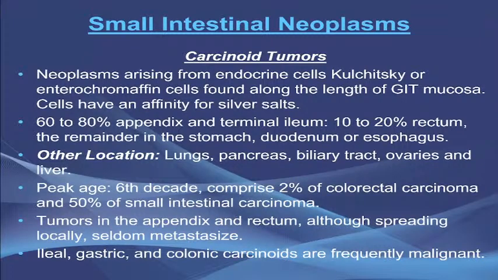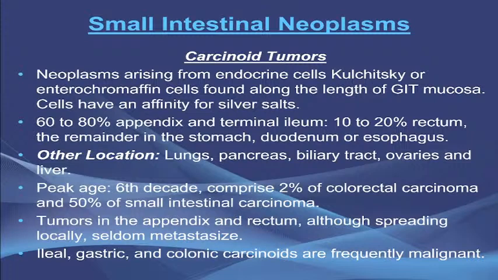The cells have an affinity for silver salts, so we use these silver-based stains pretty often in diagnosis. 60 to 80% occur in the appendix and terminal ileum, 10 to 20% in the rectum, and the remainder in other places: stomach, duodenum, and esophagus. Other locations of carcinoid tumors include lungs, pancreas, biliary tract, ovaries, and liver, but these are less common.